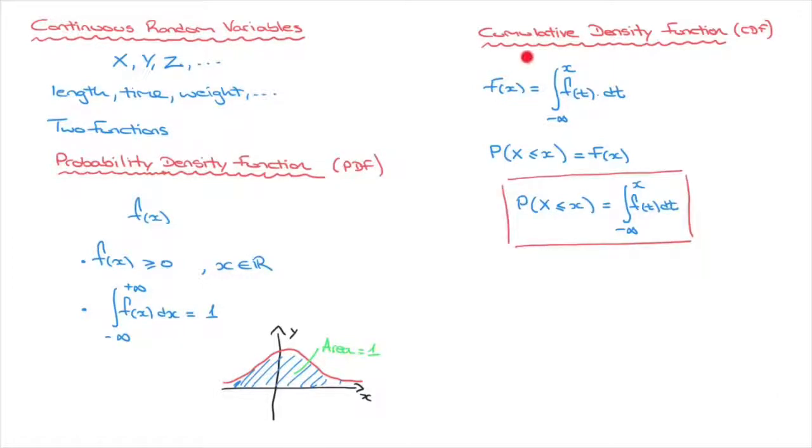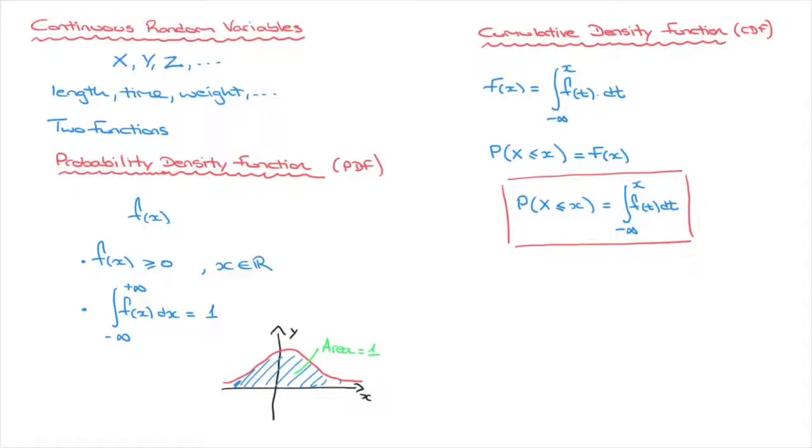Looking at these two functions we've just defined, what's important to realize is that the function used to calculate probabilities is the cumulative density function. The probability density function, that's lowercase f of x, serves to define the contour or the envelope of the distribution. In other words, it's what gives us the equation of the curve here.